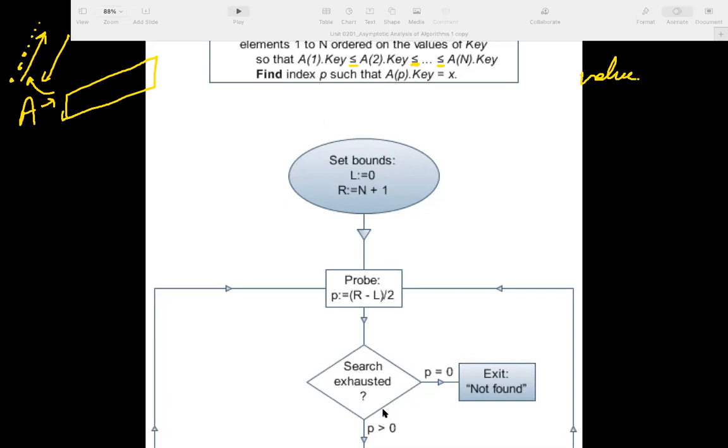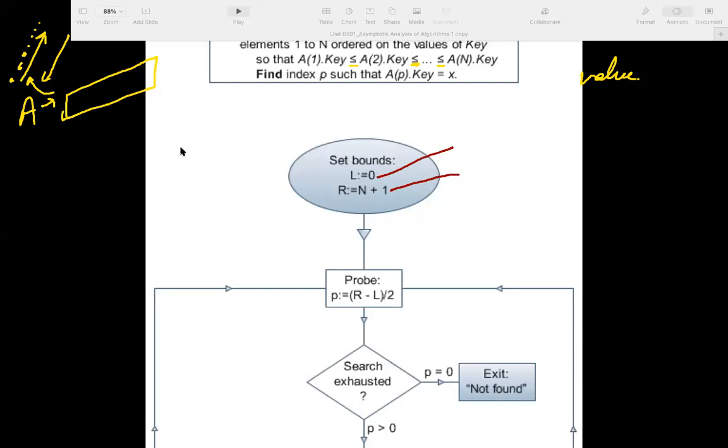So now let us look at this algorithm and try to understand what we are trying to do. First of all, we initialize a variable L, and we say that the value of L is equal to 0. And we initialize another variable R, and we say its value is n plus 1.